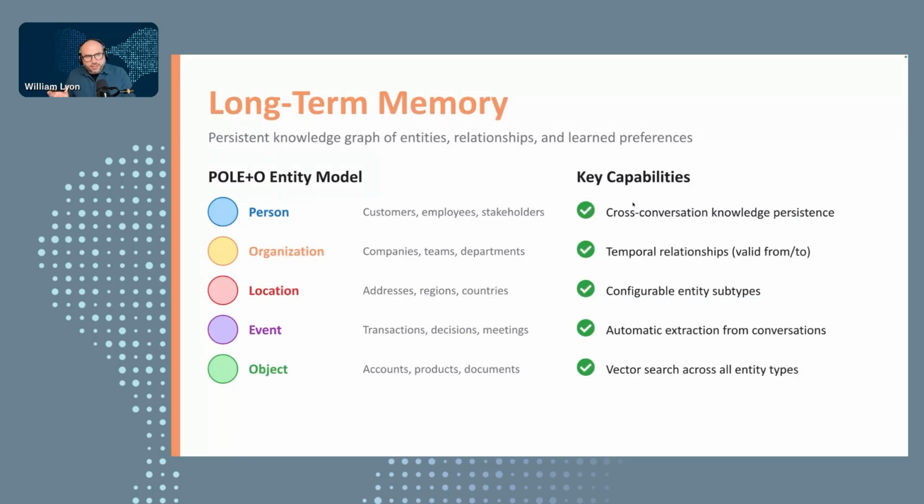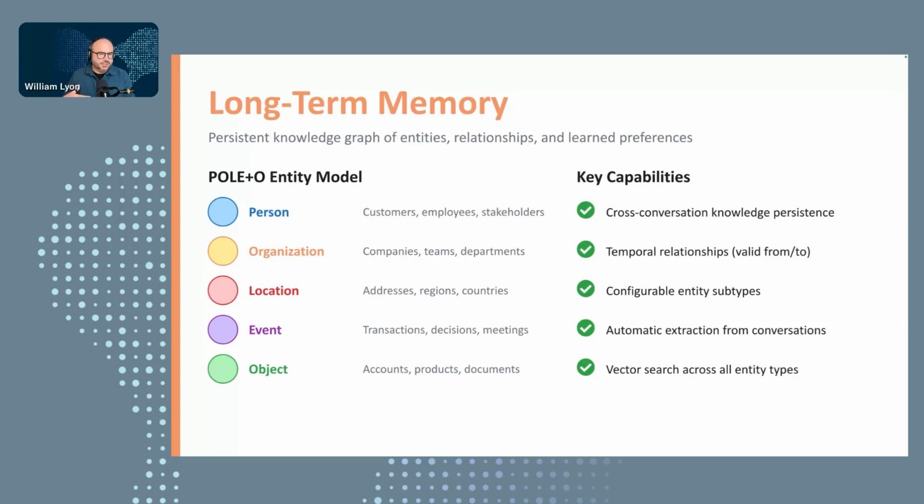Now, the data model that we apply during entity extraction and resolution is really important. And that data model, I think, is going to depend on the domain that we're working with, right? Now, by default, Neo4j agent memory uses the POLE+O entity model. This is a common model that's used in investigations, right?